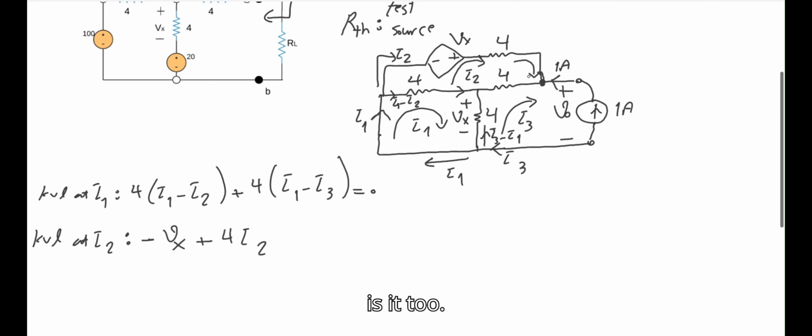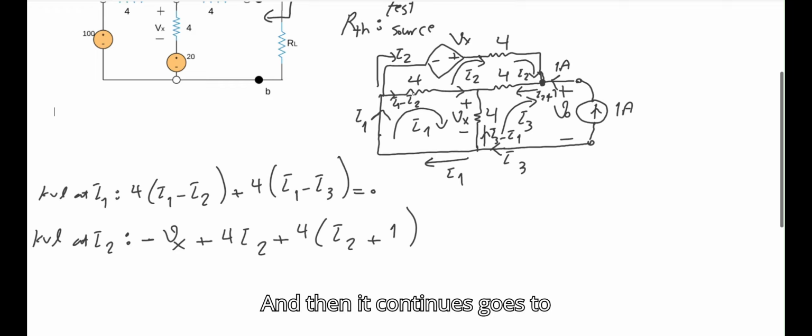This is I2, and this one is 1 amp. So 1 amp plus I2 goes this side. I can say I2 plus 1. Okay? Plus 4 times I2 plus 1.